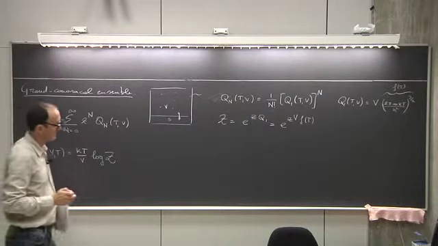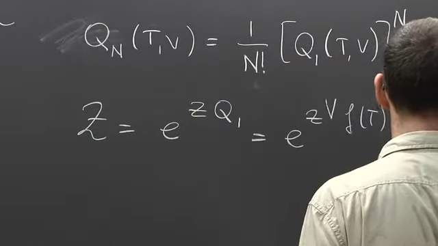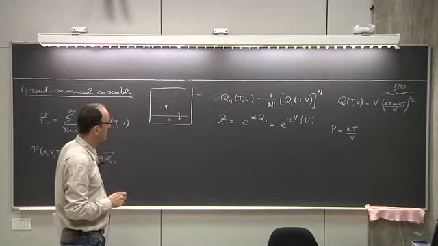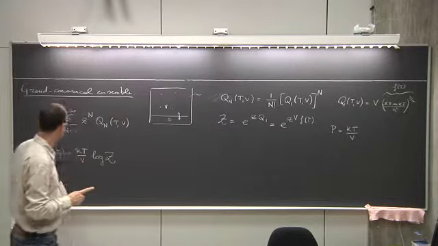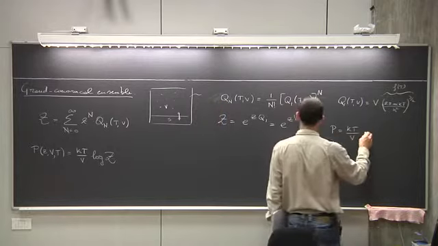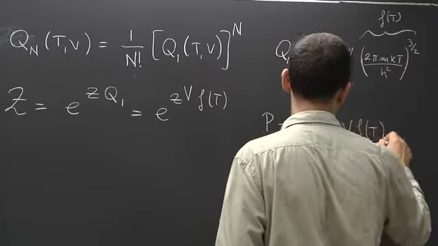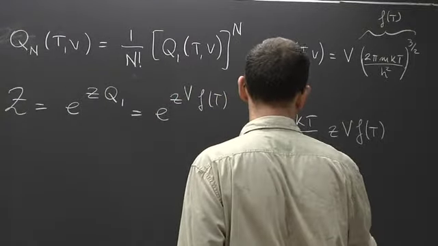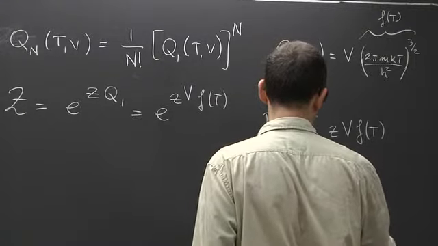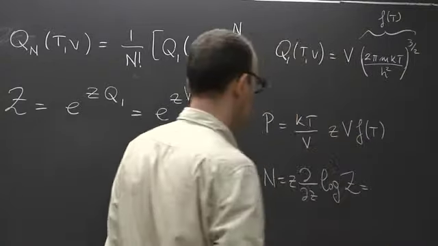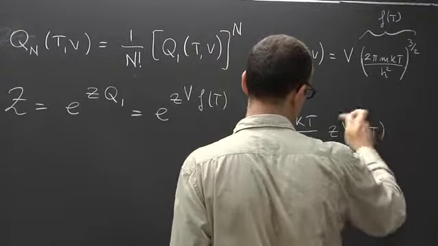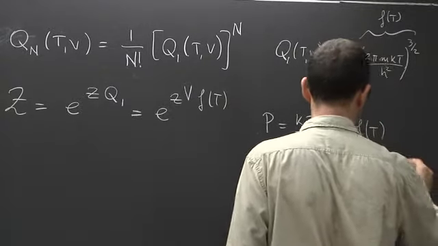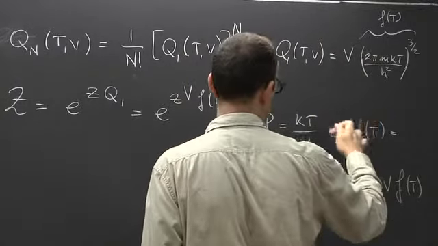We have seen already last time that if I compute the pressure, this is kT divided by the volume, and then I have to take the log of big Z, which is just z times V times f of T. But I can also compute the number of particles, which is z times d/dz of log of big Z. And log of Z is just this, so this is just z V times f of T, which is equal to n.